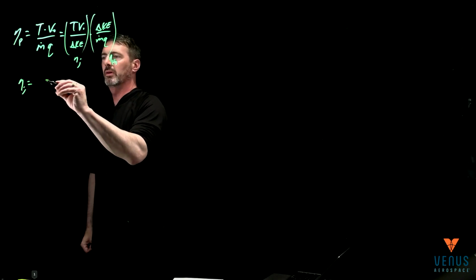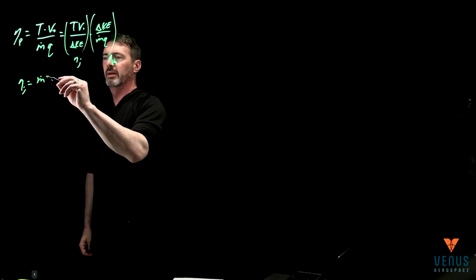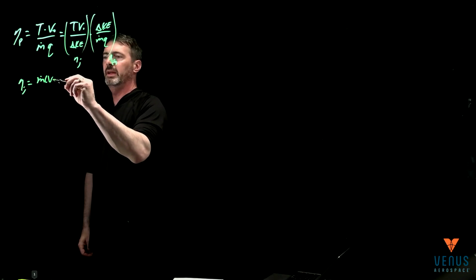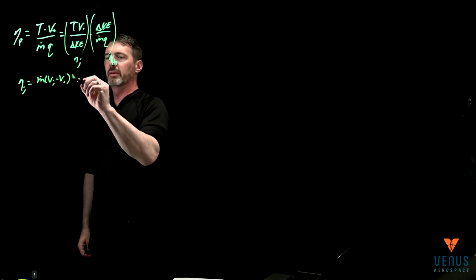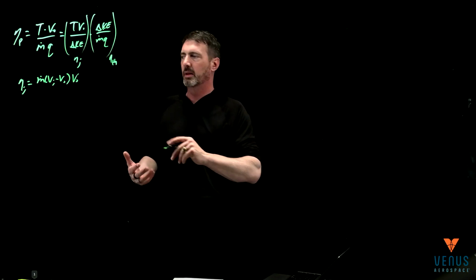Thrust is m dot times (v jet minus v0), and then times the free speed v0. That's the thrust power.